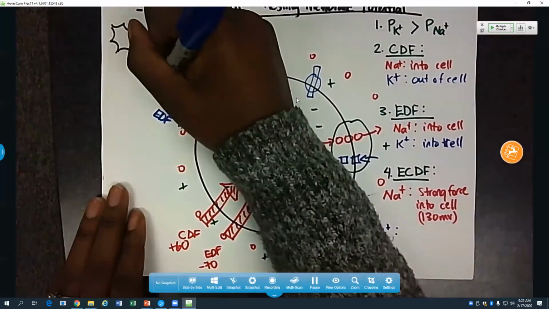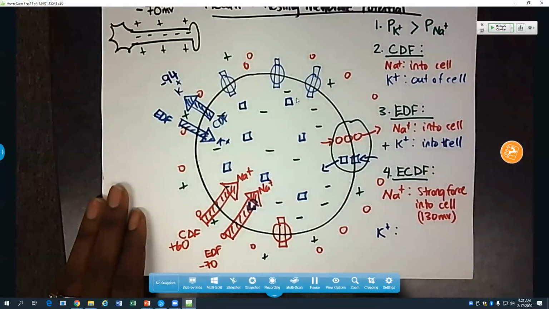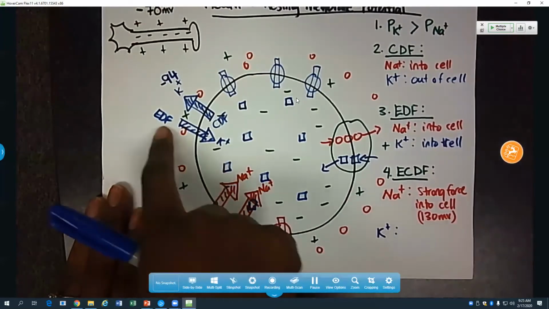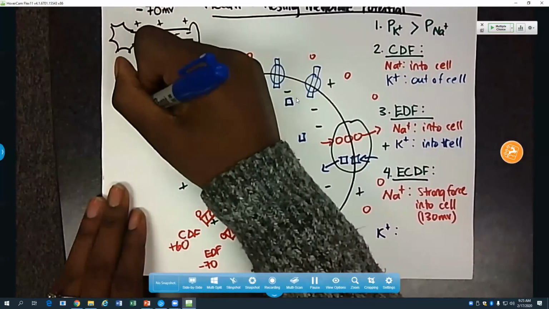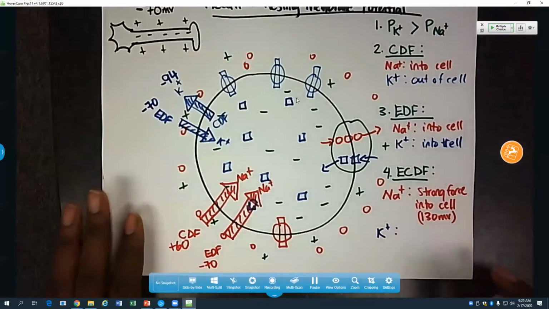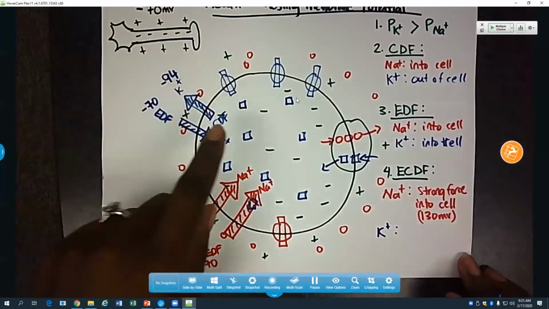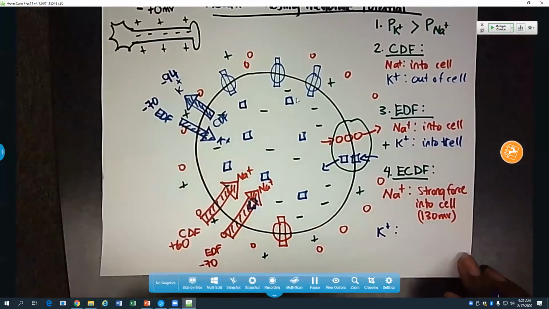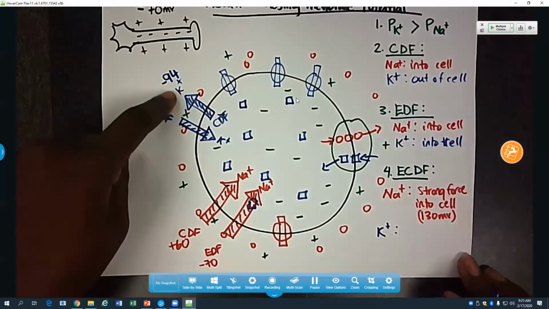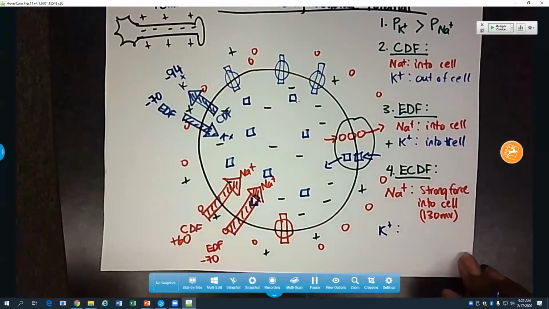Negative 94, perfect. So negative 94 was that equilibrium potential. And then for the electrical driving force, we know that's going to be the membrane potential, which is negative 70. And so because they're moving in the opposite direction, we look to see which value is bigger. And because the equilibrium potential is bigger, the chemical driving force is the direction of the ECDF.